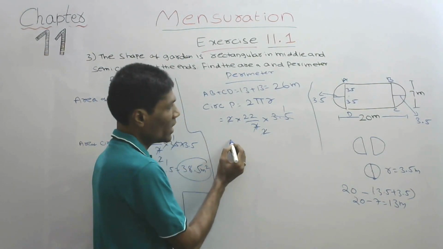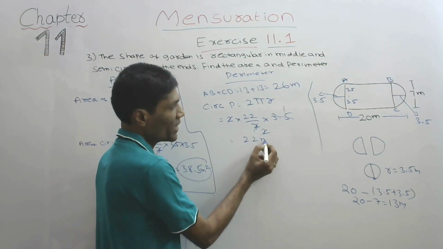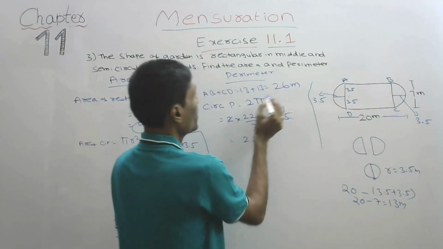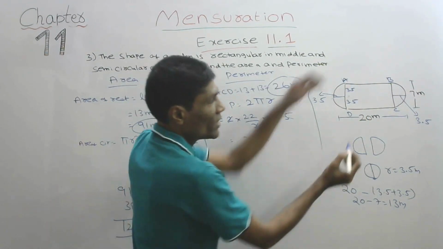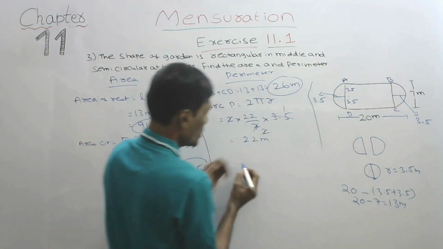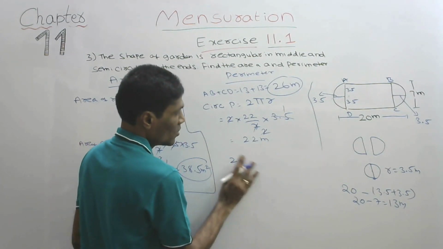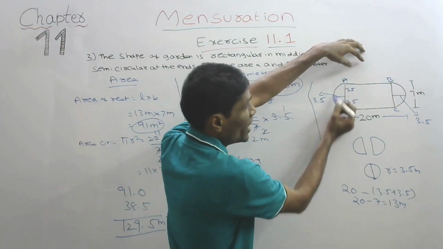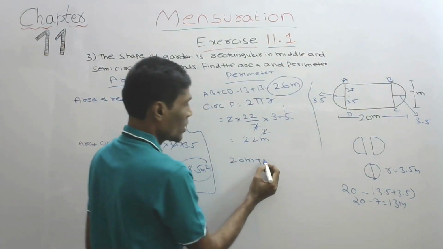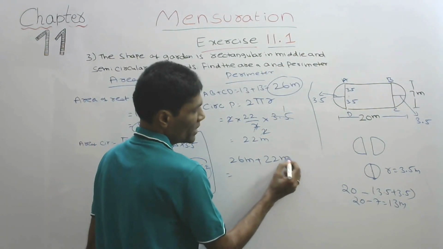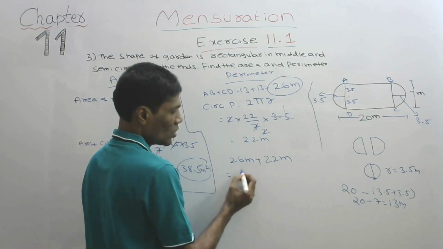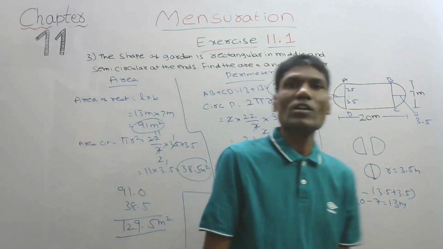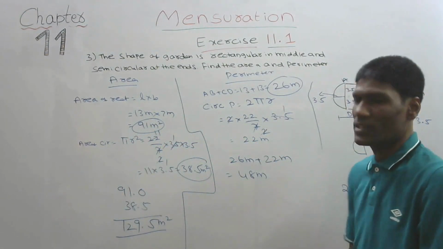So we are left with 22 meters. So this is 26 meters, this part, this and this is 26 meters. 26 meters plus this curved path, that we got as 22 meters. So the total will be 48 meters. So we got the perimeter as 48 meters.